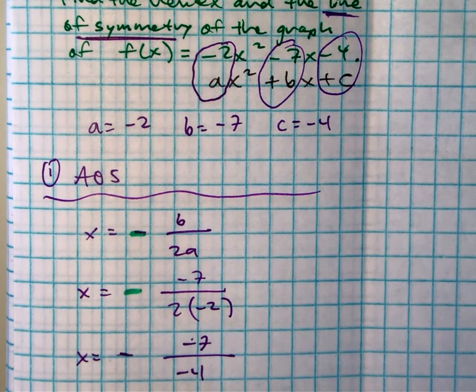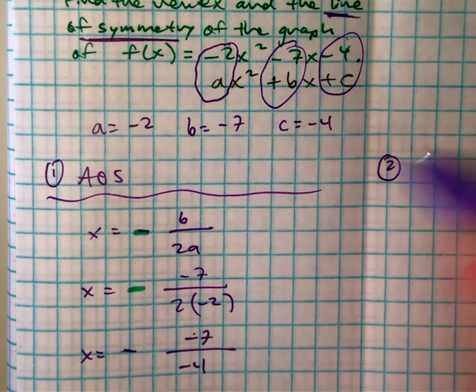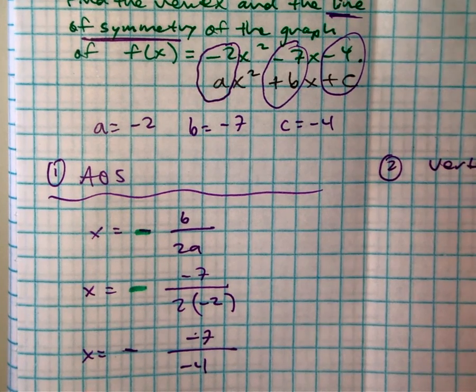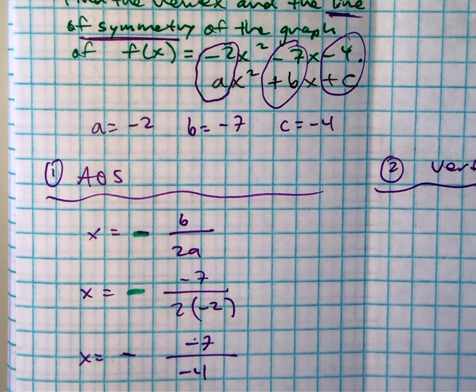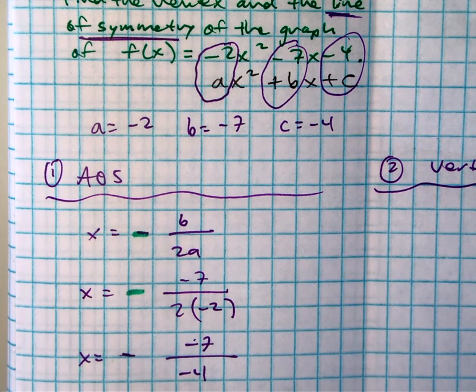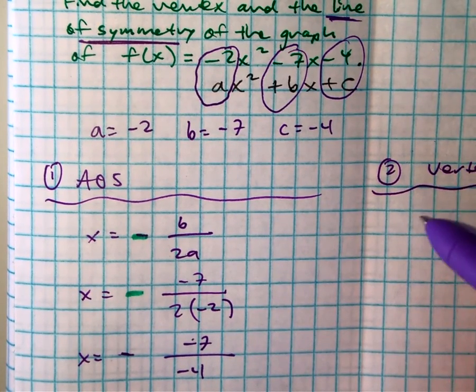Alright, we found the axis of symmetry. And let's now find the vertex. Partner B, tell partner A what's the equation for the vertex. Leslie, the equation for the vertex.